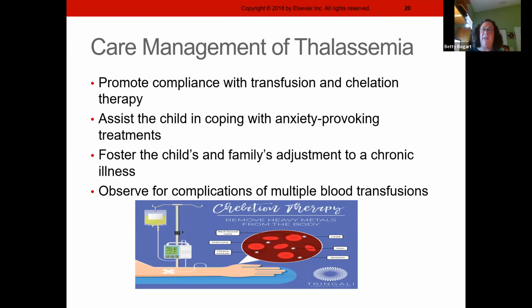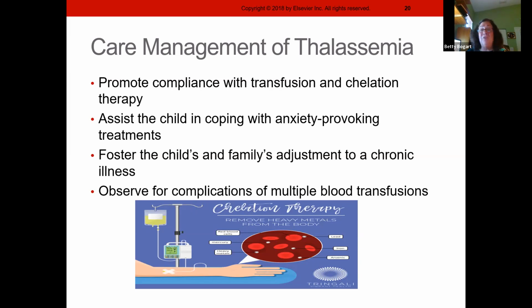Well, they need to be compliant with getting their blood transfusions and monitoring and keeping on top of their iron levels. So chelation therapy, whether through medications or through something called apheresis. It's similar looking to a dialysis machine, but a little different. All it does is remove the iron out of the body. It's pretty neat, this apheresis. You can pick only the components that you want gone.